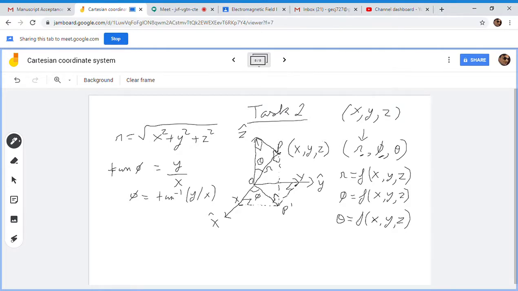If this is a right angle triangle, then this will be your height, and this will be your base. So just write tan theta.